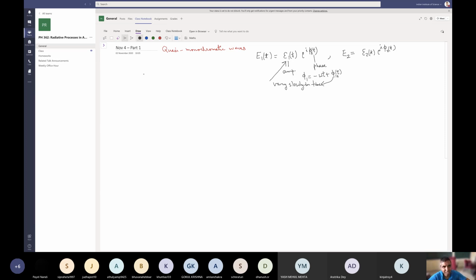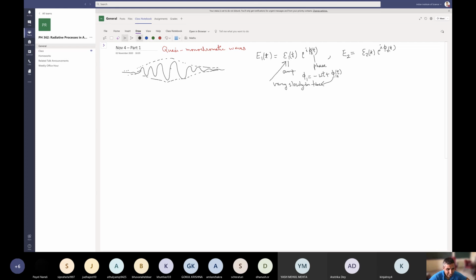Okay. Now, what does it mean? Previously, in the last class, I was telling you that there is no real monochromatic wave. All waves are actually wave packets. They start with zero amplitude and finish with zero amplitude. So you have this sort of an envelope, which is called modulation, and you have fast variation.